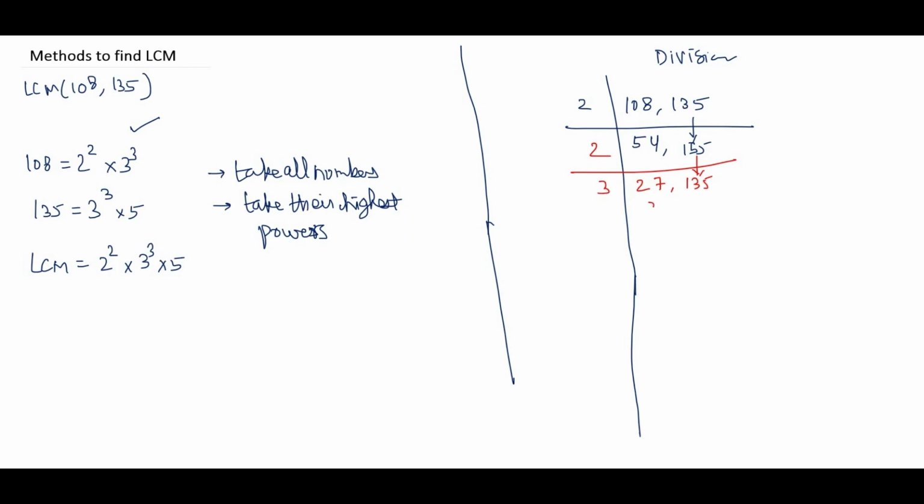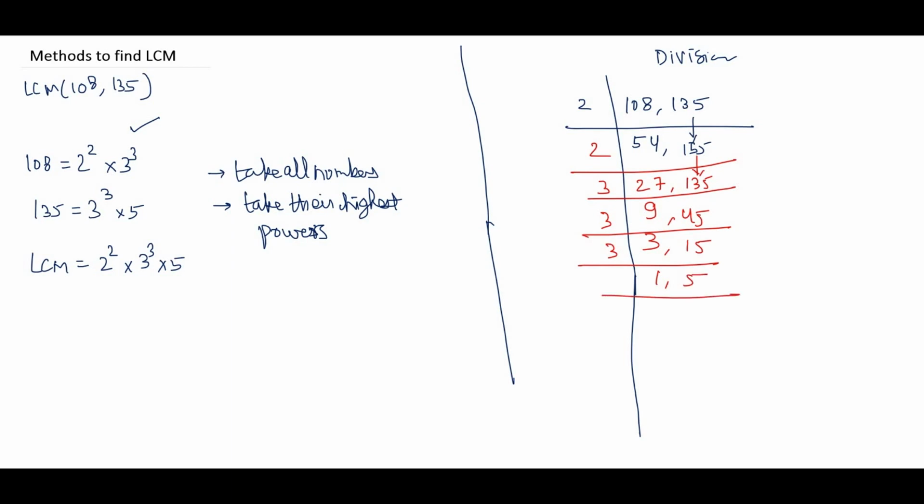Now 3, 9, and now 3 divides 135, so 45. Again 3, 3, and 3 divides 45, so 15. Again 3, 1, and 3, 5.